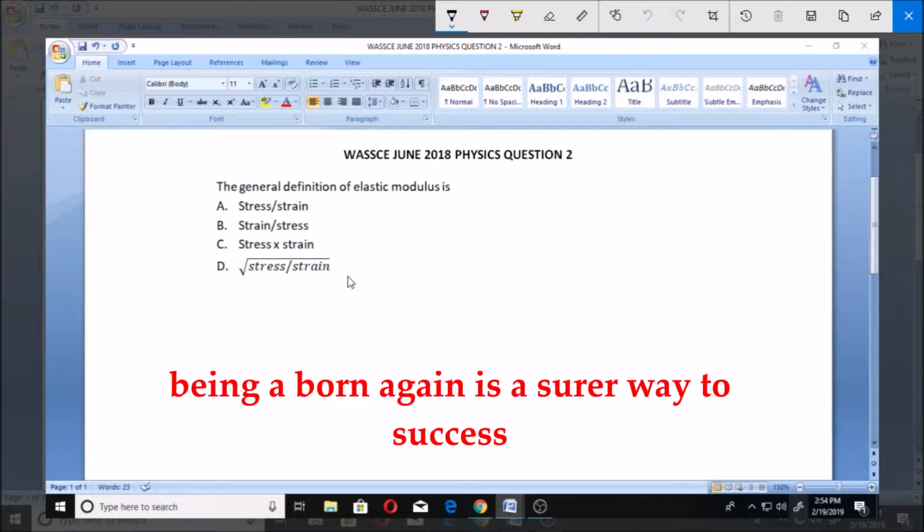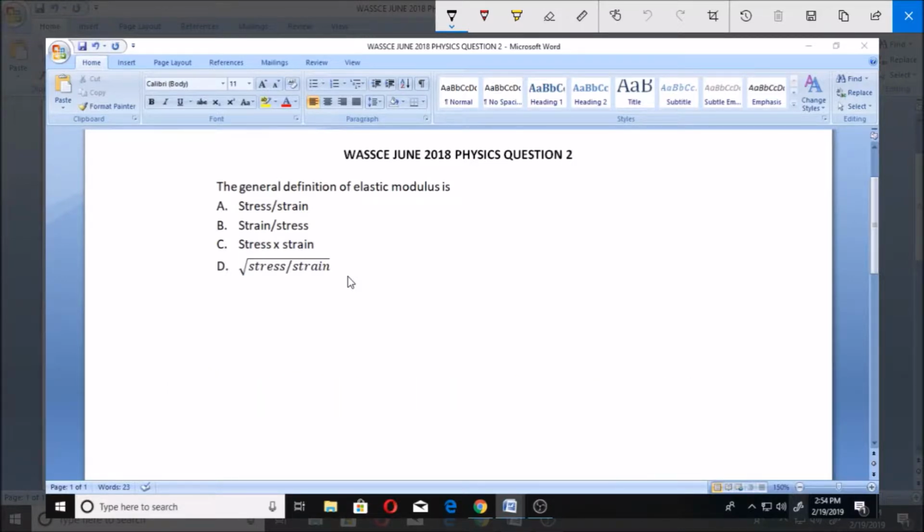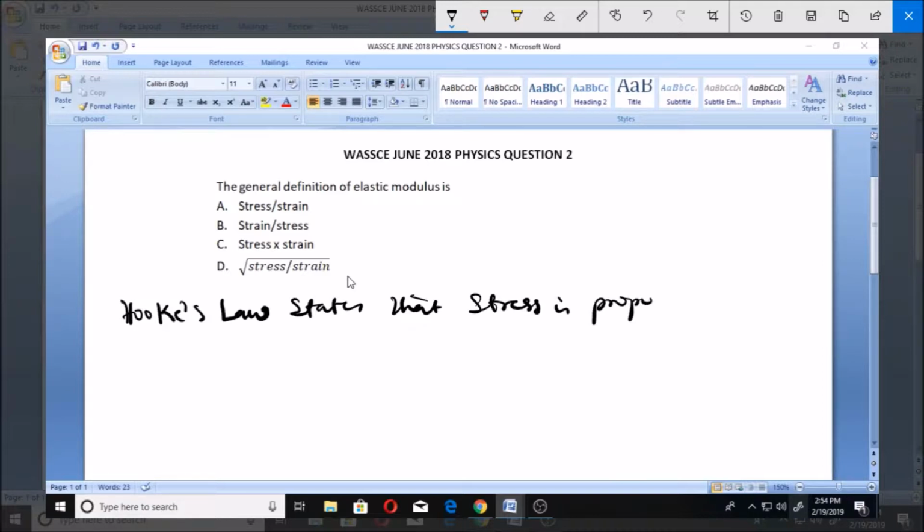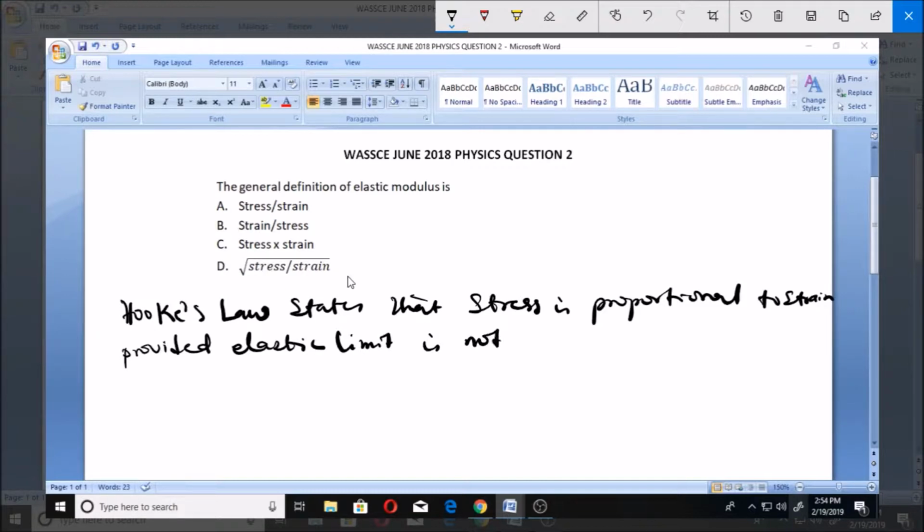For us to understand this problem, we need to understand the simple statement of Hooke's law. So we're going to look at Hooke's law, which states that stress is proportional to strain, provided the elastic limit is not exceeded.